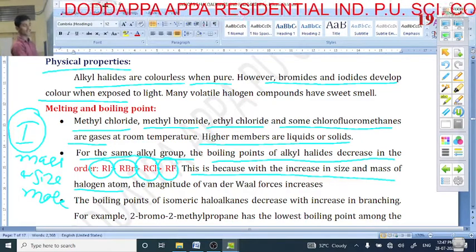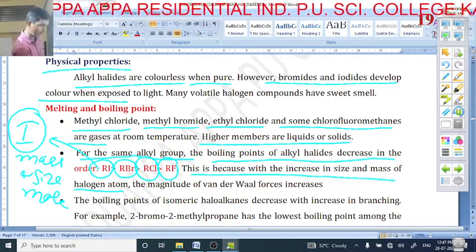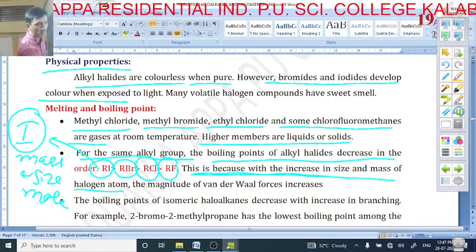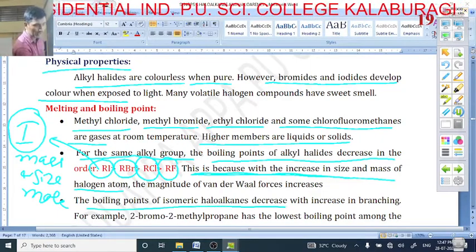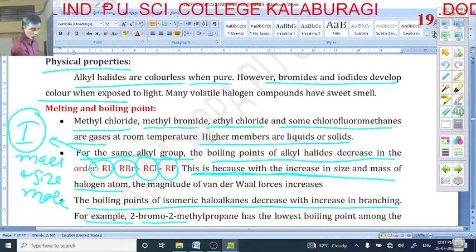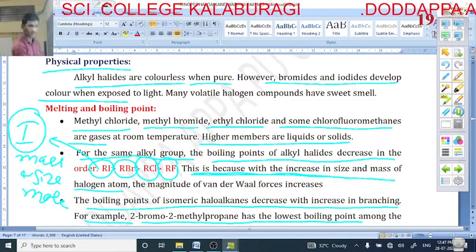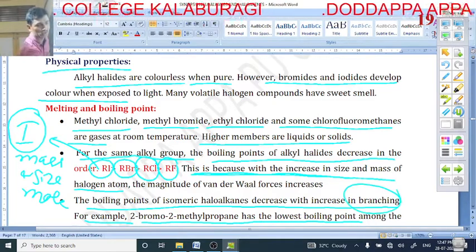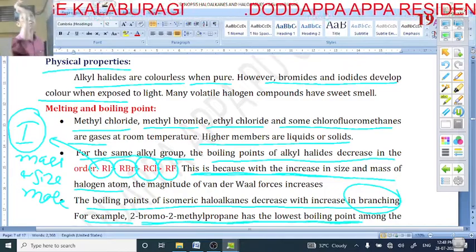That's why alkyl iodides have a higher boiling point, because of size and mass. And the boiling point of isomeric haloalkanes decreases with increase in branching. For example, 2-bromo-2-methylpropane has the lowest boiling point because of branching.